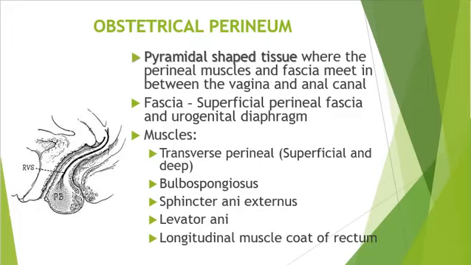Obstetrical perineum, also known as central tendon of perineum and perineal body, is actually a mass of dense tissue, and then there is a distal 1/3 of the posterior vaginal wall and the anus. So it's a pyramidal structure if you see in the 3-dimensional view.